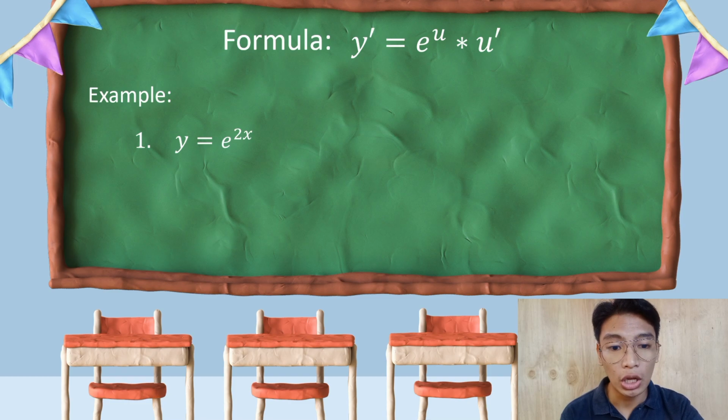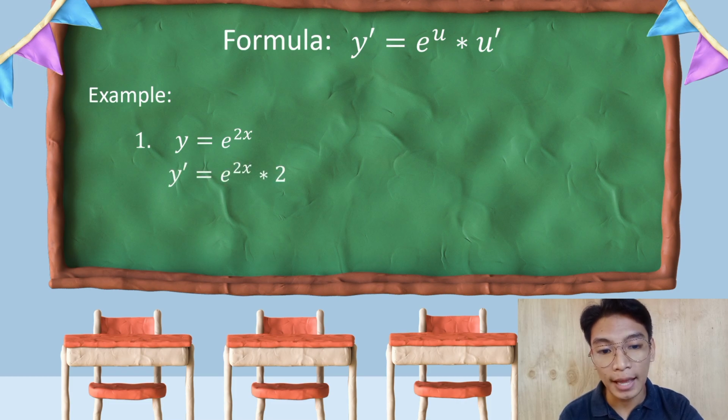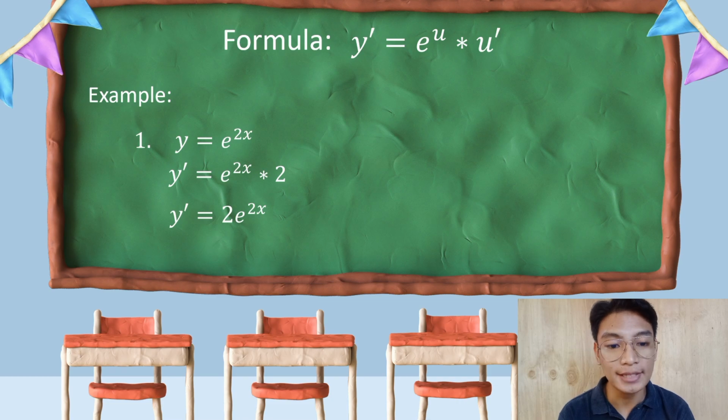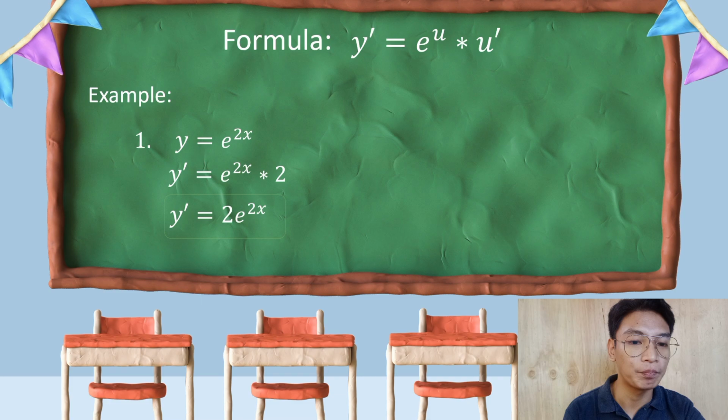So y prime equals e raised to 2x multiplied by the derivative of 2x, which is 2. To simplify, the answer is y prime equals 2e raised to 2x. So that is the answer.